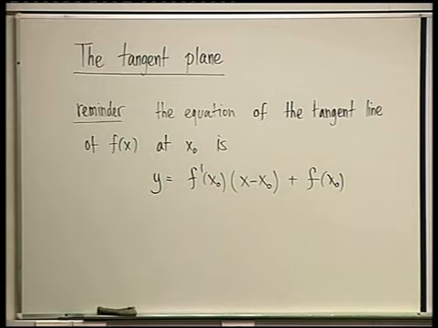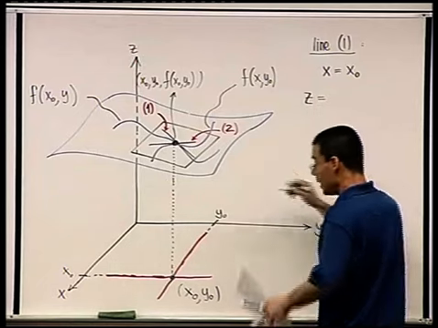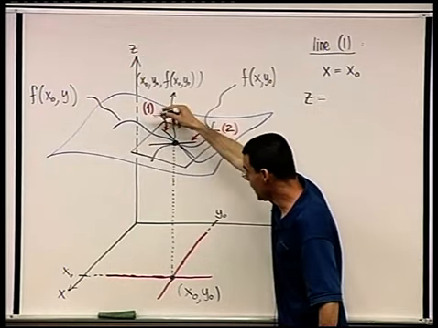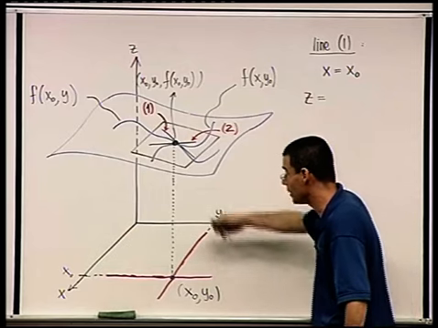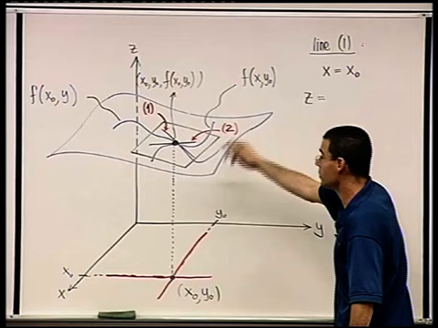I'm going to write it. So z equals, along this line, the z value relates to the y value precisely as the equation of a tangent line to this curve.